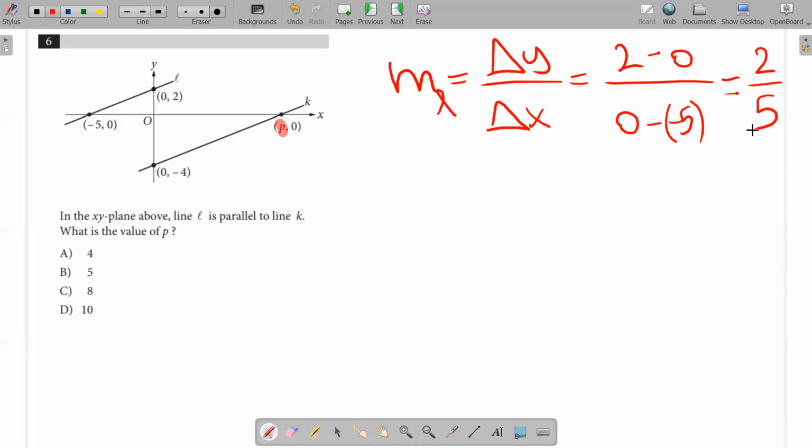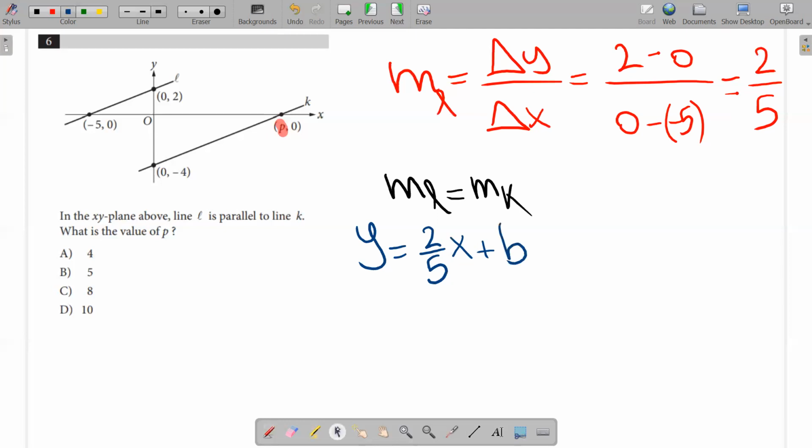Since we found the slope of line L, we also found the slope of line K. What does that mean? Well, that means that we already have one step to find the equation for K. What we need to find now is b.